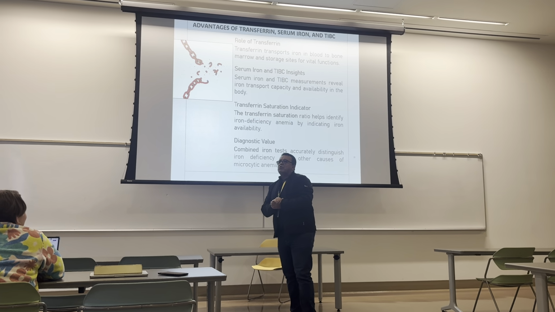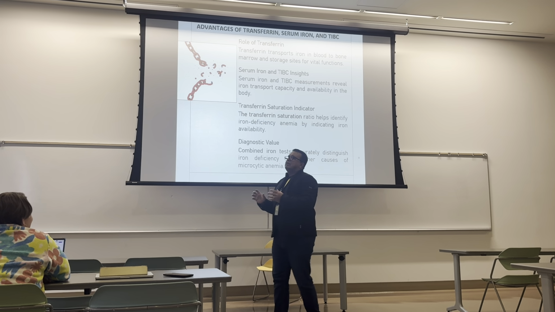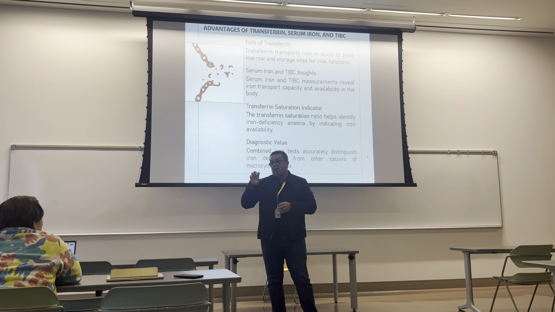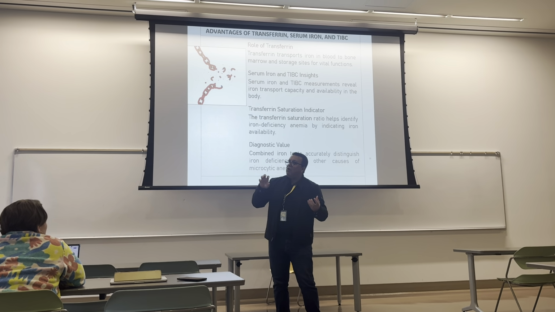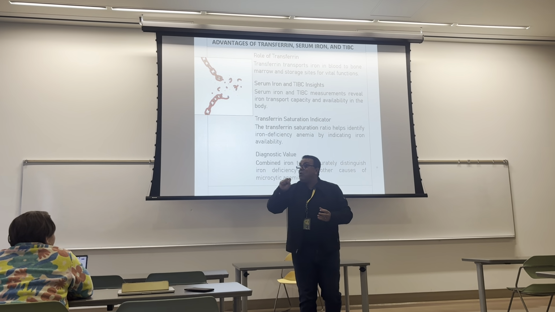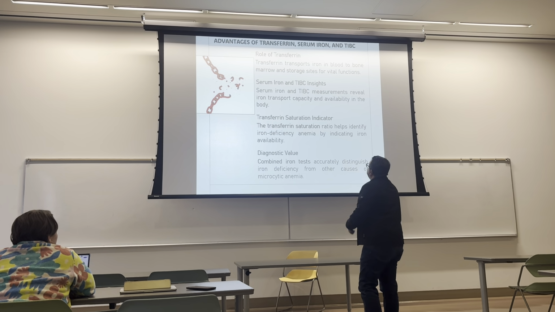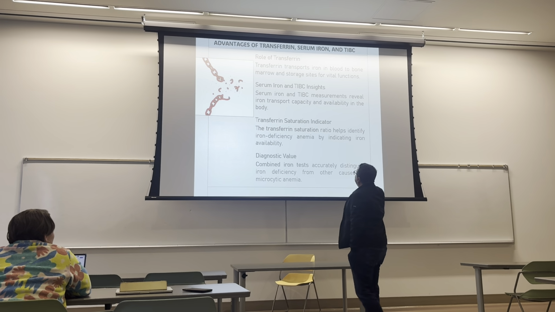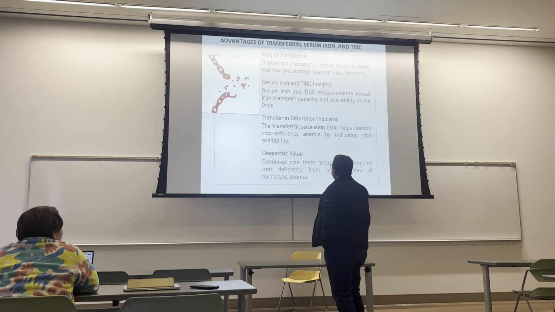I can say that total iron binding capacity is like a magnet. When the iron is very low, the magnetic power is increased to attract more iron. Okay? The transferrin saturation ratio helps to identify iron deficiency.